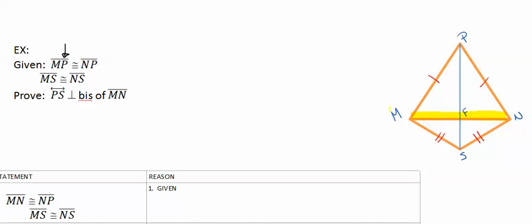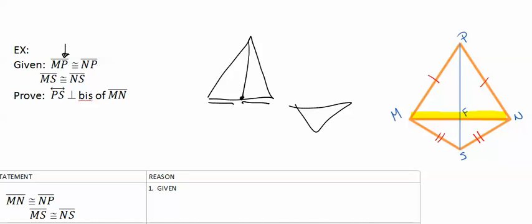We would want MF congruent to NF. Notice what triangles those are a part of. It would either be a part of the top two triangles, the line segment would be here and here, or the bottom two triangles where the line segments would be congruent here and here. But if you look at the information, we don't have quite enough to go directly to those triangles.